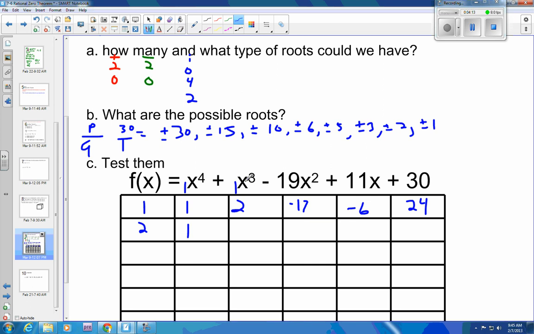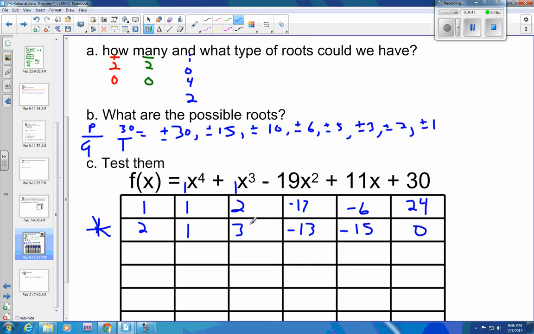And then 2 times 1 is 2. 2 plus 1 is 3. 2 times 3 is 6. 6 plus negative 19 is a negative 13. 2 times negative 13 is a negative 26, which would make that a negative 15 when I add it to 11. And then 2 times negative 15 is a negative 30, which makes it a 0, and that makes this into one of our solutions. So we know we have 2 as a solution.